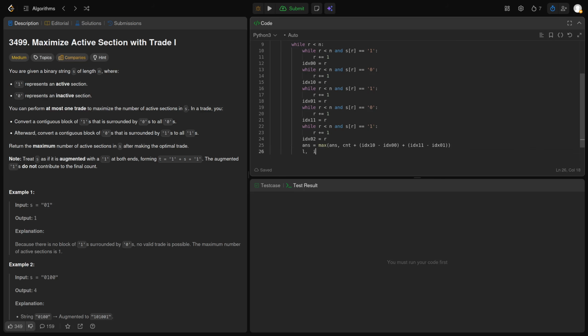So it's index 0 0, index 1 0, index 0 1, index 1 1, index 0 2, so basically I shift all the numbers.